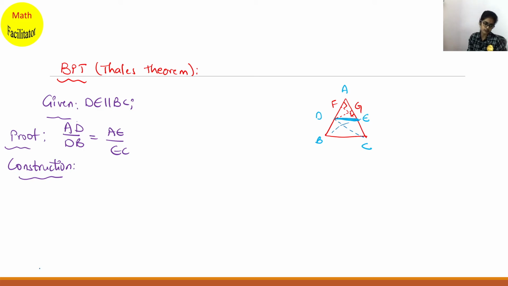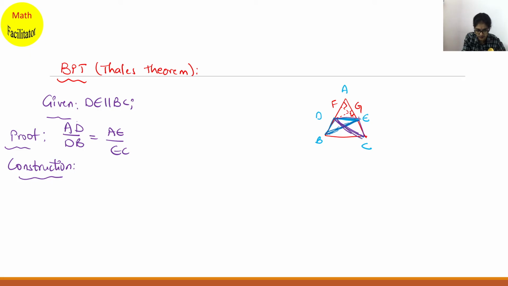If you observe, there are different triangles formed. The first triangle is the upper triangle ADE. And the second, down in this area, you have two triangles. BDE is one triangle, and CDE is the other triangle.